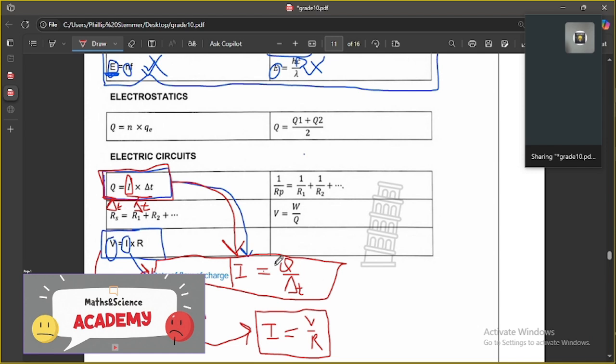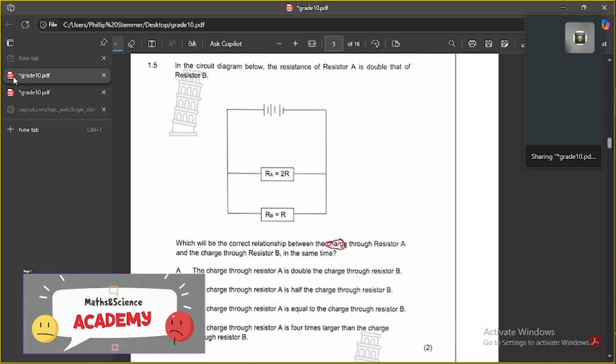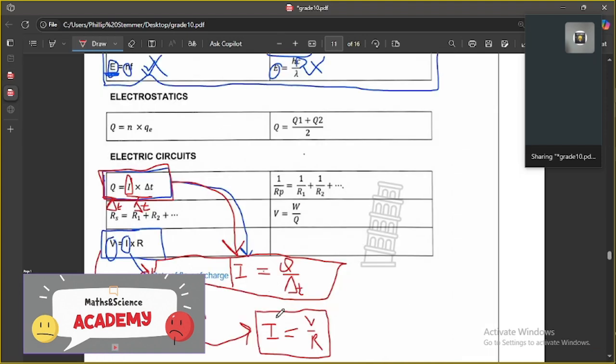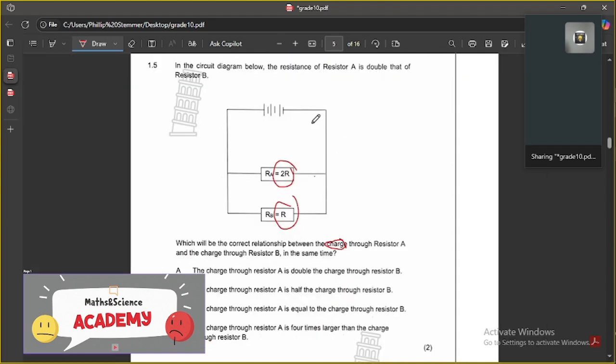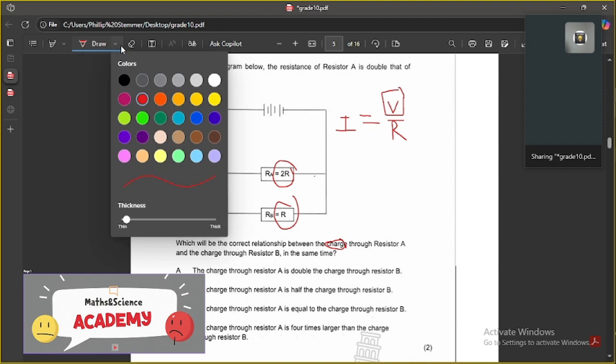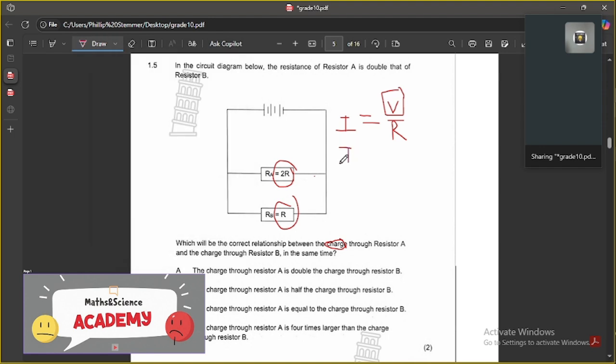So we'll choose between the formulas. It depends on what they want. Now you're given the resistance, so which formula would you use? Given R, the formula we'll use is I equals V over R. In this case, we are going to ignore V because it's not given, so in the place of V we'll put 1.